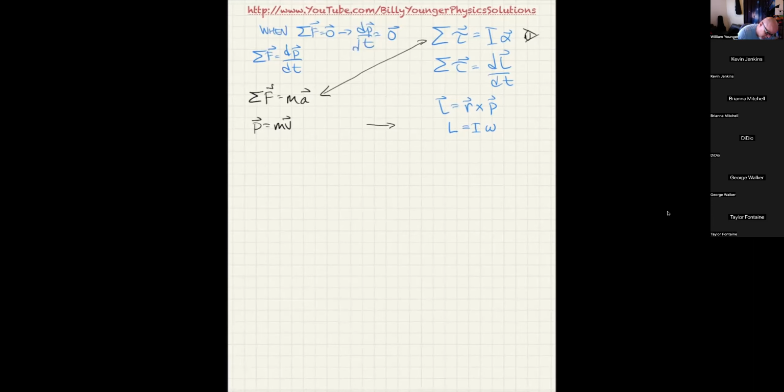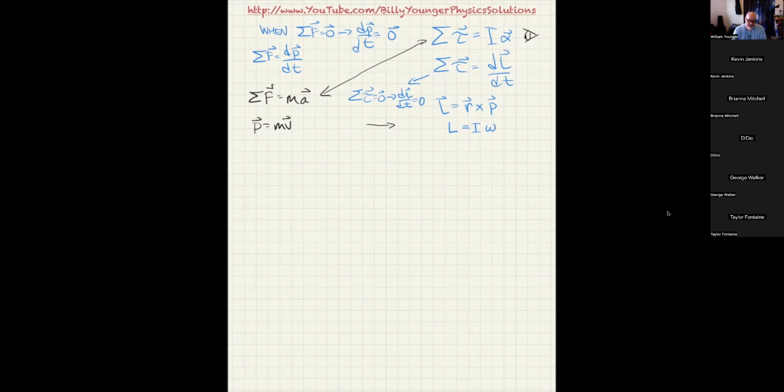And that's what we mean by conservation of momentum: P is a constant. So you can see from this that when the summation of the torques is equal to 0, then dL/dt is equal to 0. So again, angular momentum is conserved in this case when we have a net torque equal to 0.